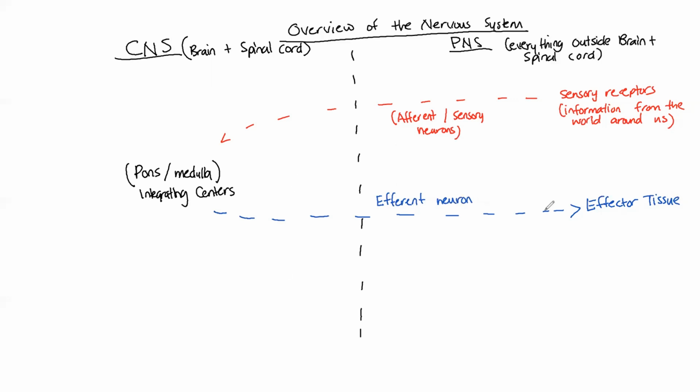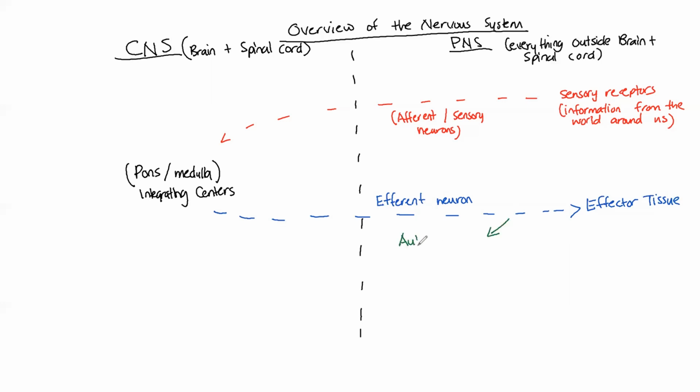Now, this is where we get that division of the peripheral nervous system. That effector tissue can be one of two types. There are two efferent systems involved in the peripheral nervous system. One is the autonomic nervous system.